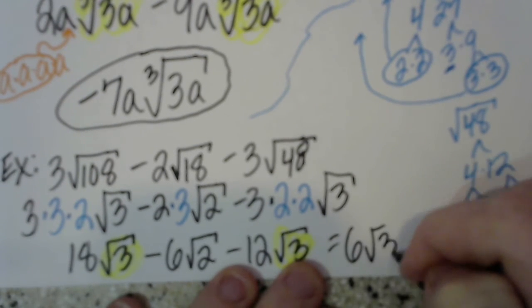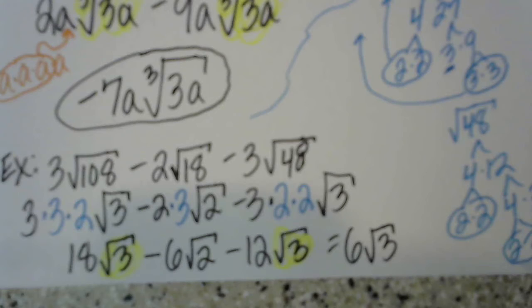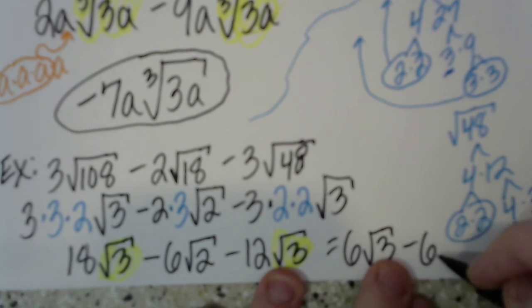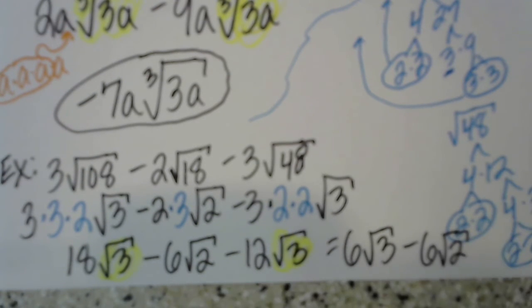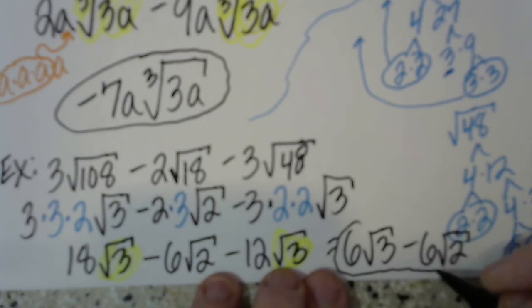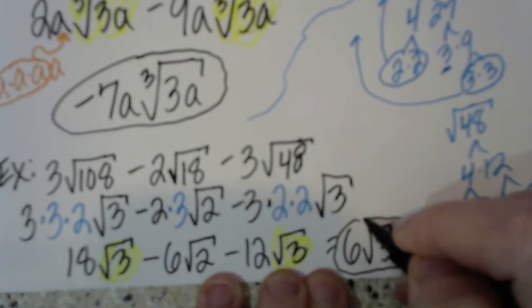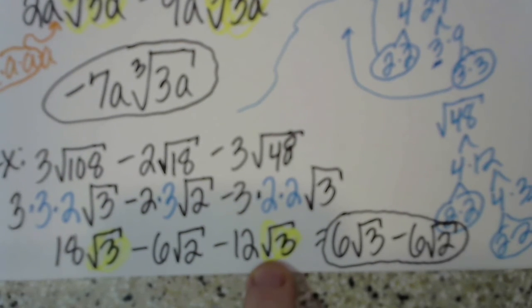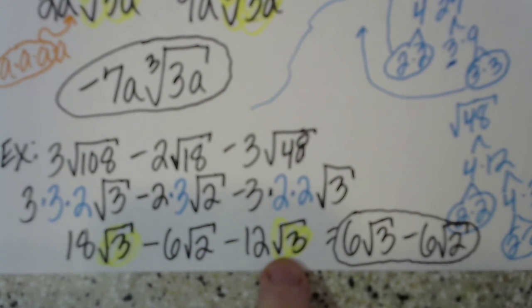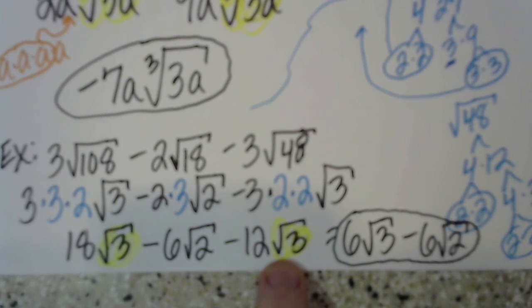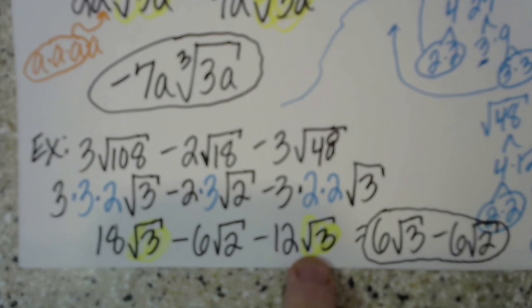So 6 radical 3 minus 6 radical 2 is your final answer there. Sorry to go over my factor tree. Okay? So like I said, there's going to be an extra example included on what I post for you to look at.